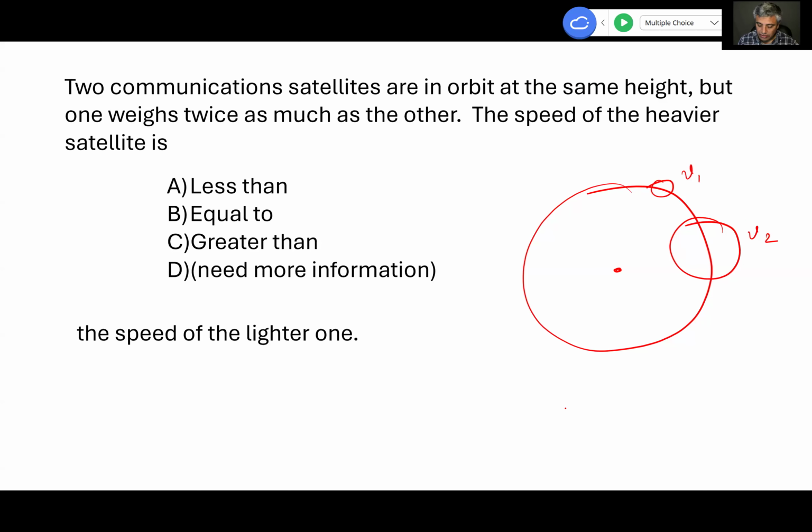How do I know? Speed is the square root of the mass of the Earth over radius, so it does not depend on the mass of the satellite.